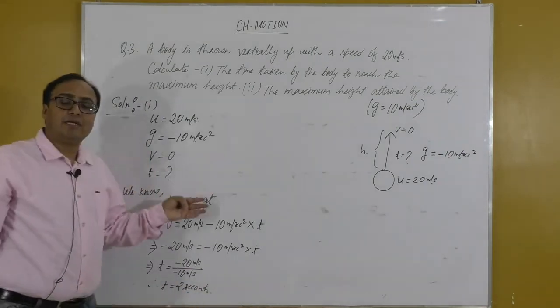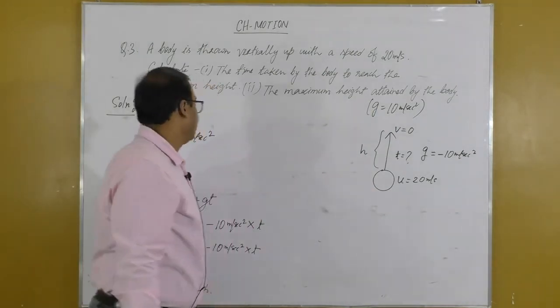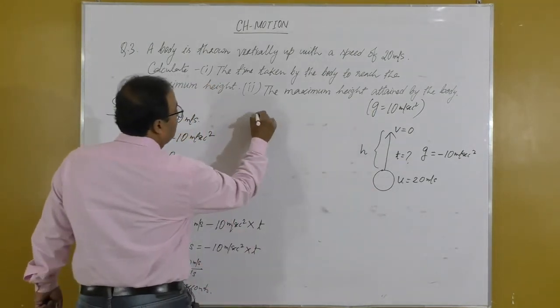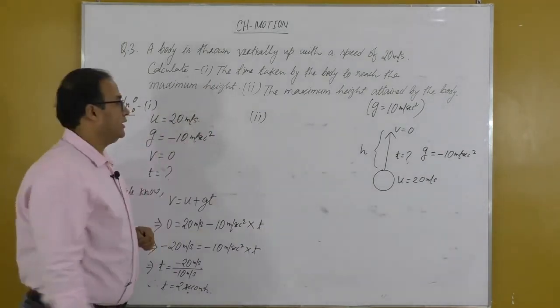So we have calculated the time taken by the body to reach the maximum height, and in the second part you have to calculate the maximum height attained by the body.